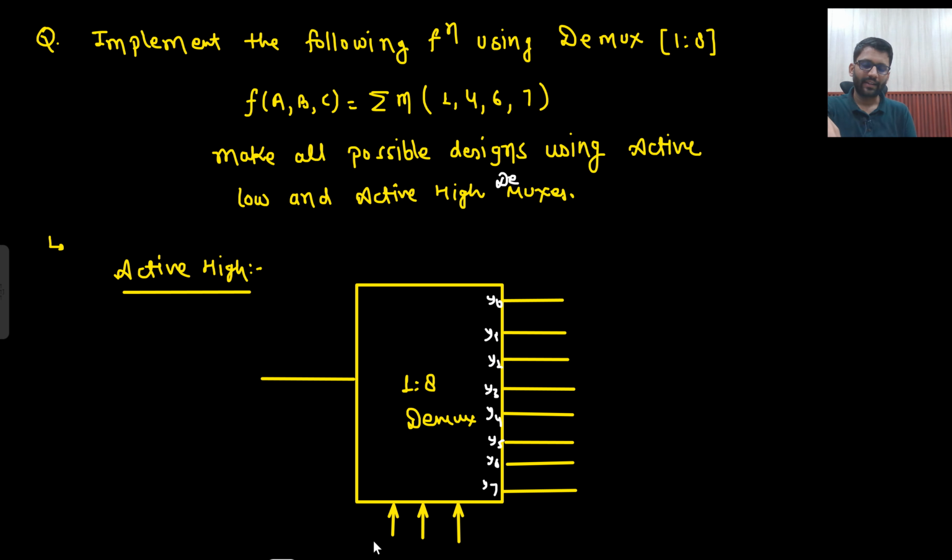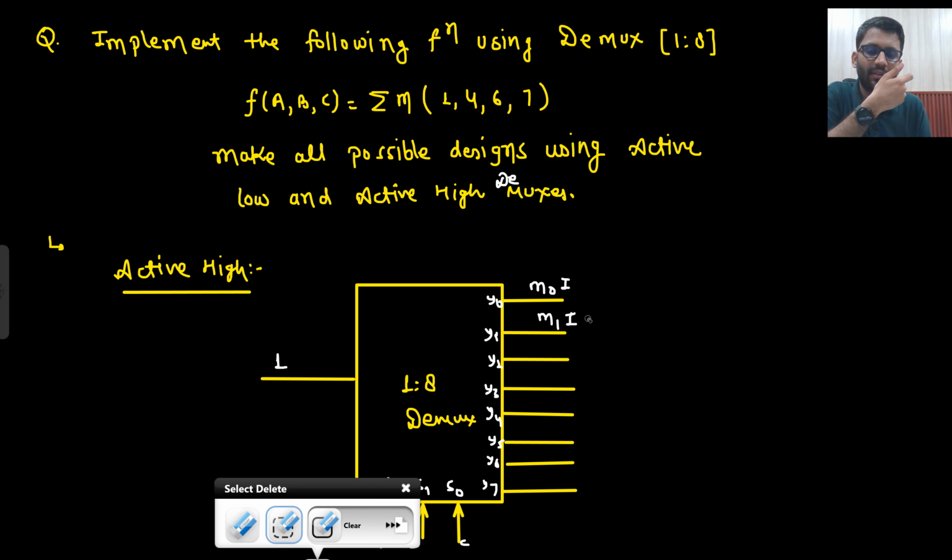So I have the 3 select lines which I will put A, B, and C. Where this is my S2, this is my S1, and this is my S0. What will be my Y0? Y0 will be M0 into I. If this is the information, this would be M1 into I. So better what I do is that I put this as 1.